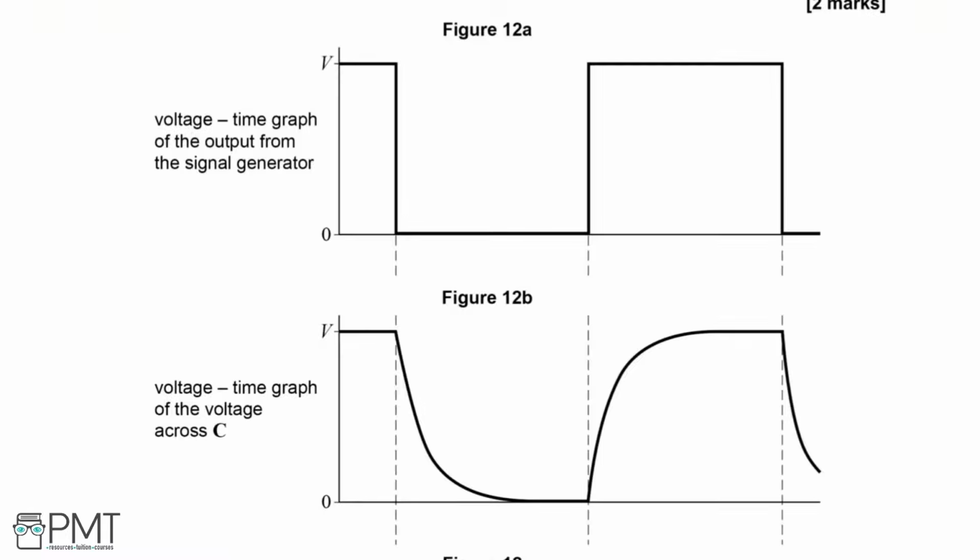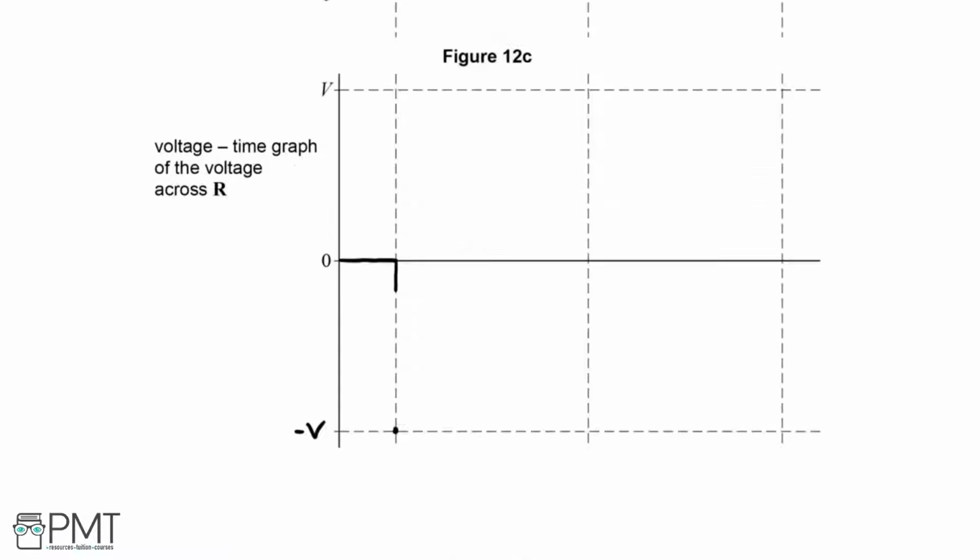So in that split second where figure 12a drops to 0, figure 12b is more or less still at V in the opposite direction. So there's a huge sudden jump in potential difference across the resistor. Now you don't need to include that vertical line to obtain marks, but it's worth including just to show the overall shape of the graph.